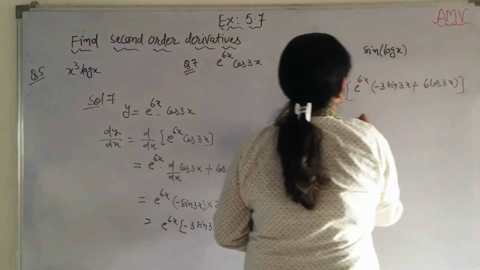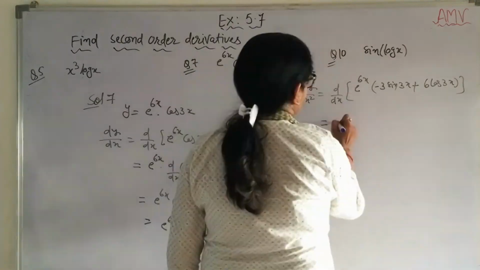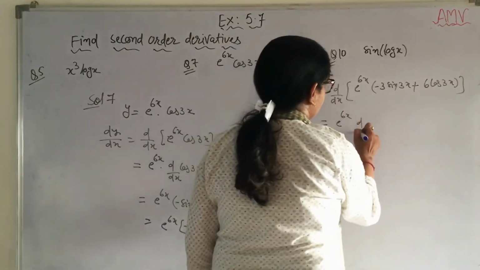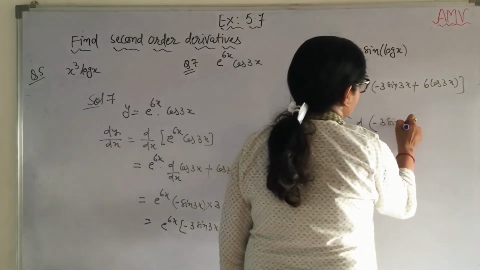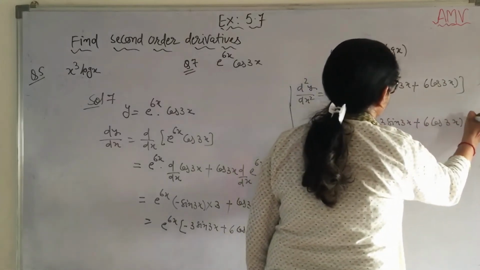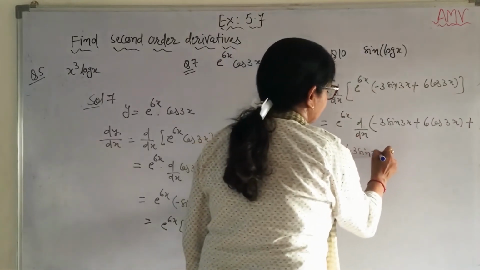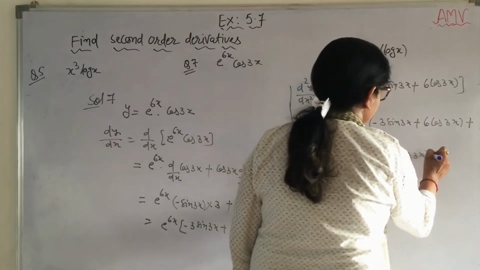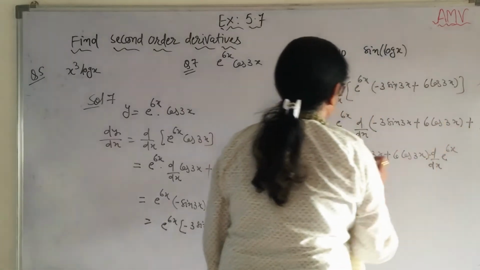Okay, and again apply the product rule. e raised 6x write as it is, and derivative of minus 3 sin 3x plus 6 cos 3x. Okay, then plus minus 3 sin 3x plus 6 cos 3x write as it is, and derivative of e raised 6x.